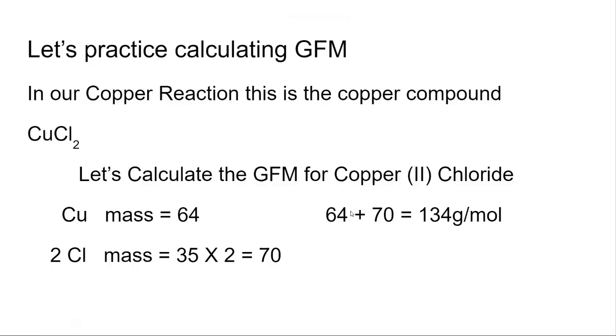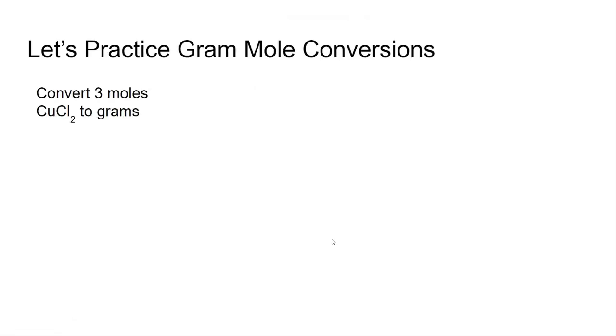I then add it all together for the whole compound, and the mass of 1 mole of this whole compound is 134 grams per mole. So again, this relationship means that for every 1 mole of this substance I have 134 grams of the substance. Now how do I use this?